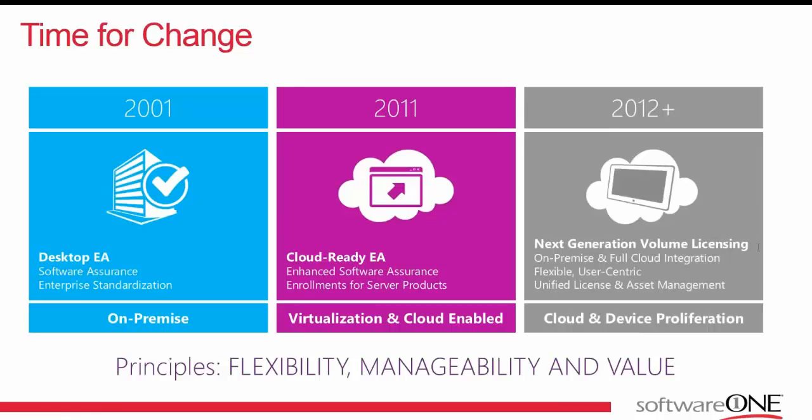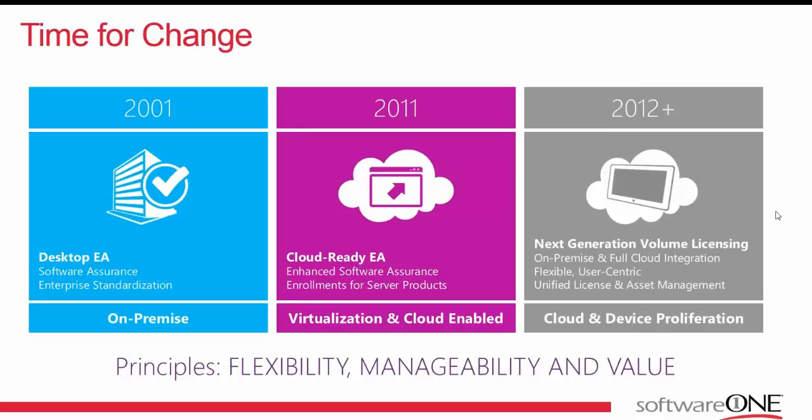As Microsoft have said, it is time for a change. When we look at the volume licensing programs that we're familiar with today, Microsoft volume licensing goes back about 15 years. In 2001, Microsoft introduced enterprise agreements with software assurance, and that was particularly for the desktop, and that was to allow that standardization that we're more familiar with now.